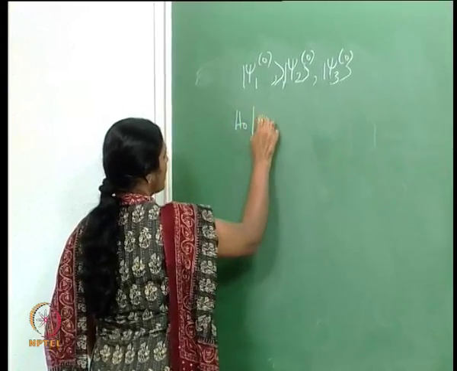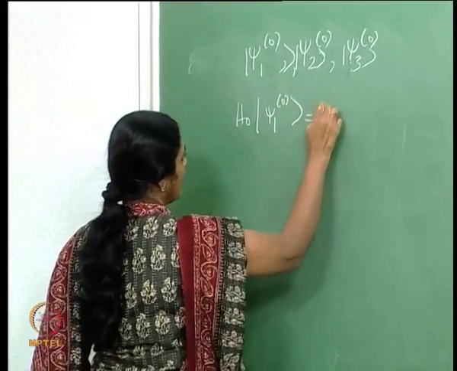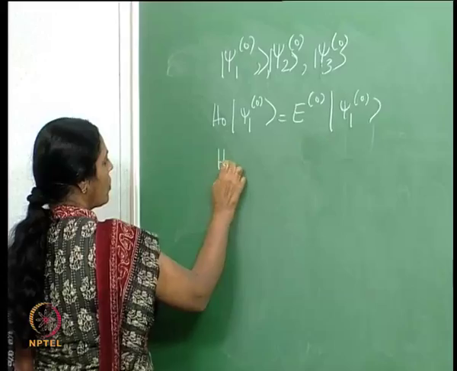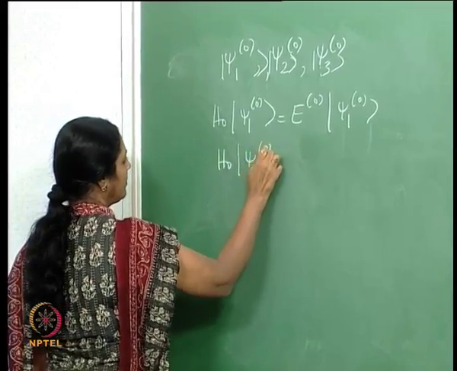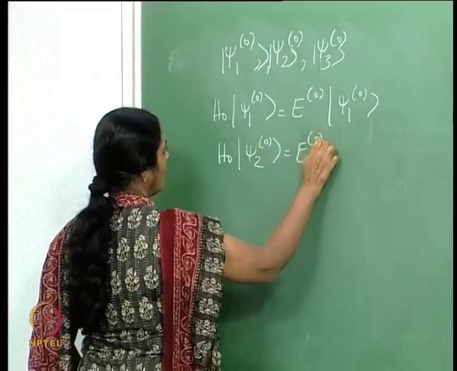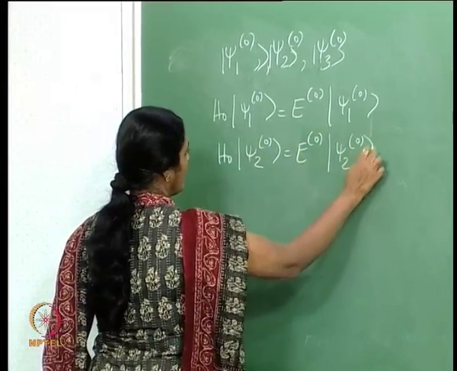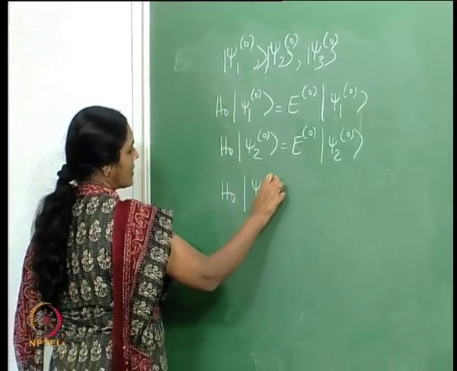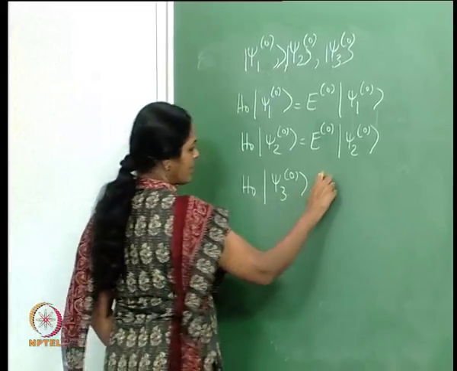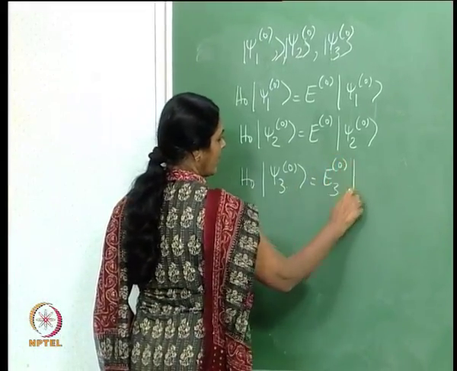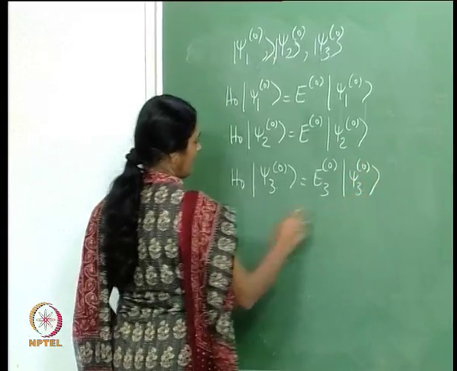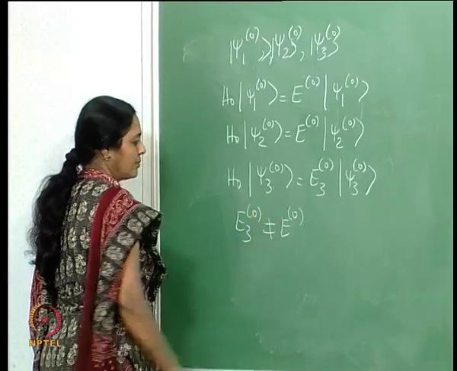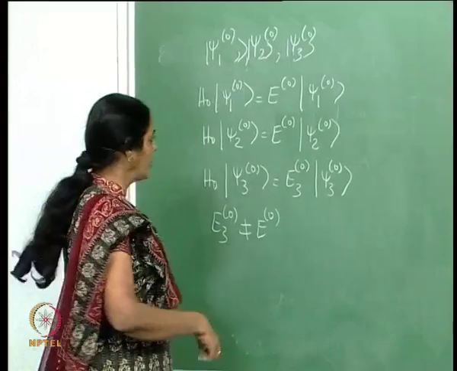So I have H naught psi 1 0 is E naught psi 1 0 and H naught psi 2 0 is also E naught psi 2 0. On the other hand, let us imagine that psi 3 0 is an eigenstate of H naught with a very different energy eigenvalue, such that E 3 0 is not equal to E 0. So, in this problem there is a twofold degeneracy.